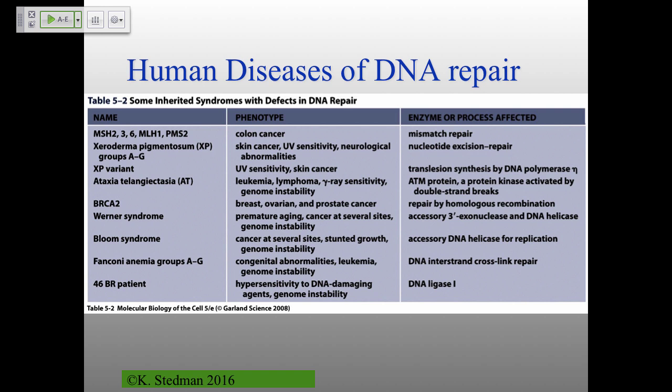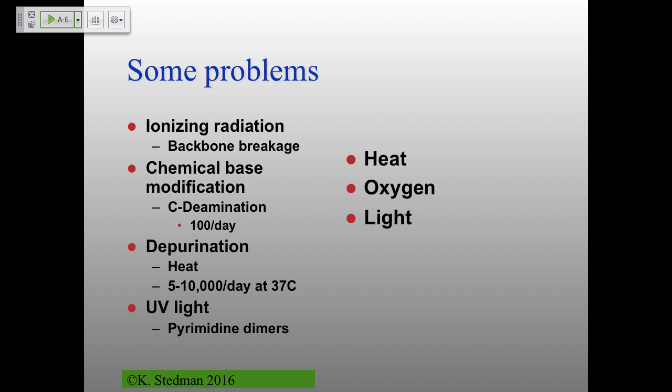OK, so let's talk about some of the problems that we have. The main problem, of course, is that we like it warm, oxygenated, and light. All of these things are a problem as far as DNA is concerned. There are some more major problems, and those have to do with why working in a nuclear power plant or being near an atomic bomb are problems, and this is ionizing radiation.